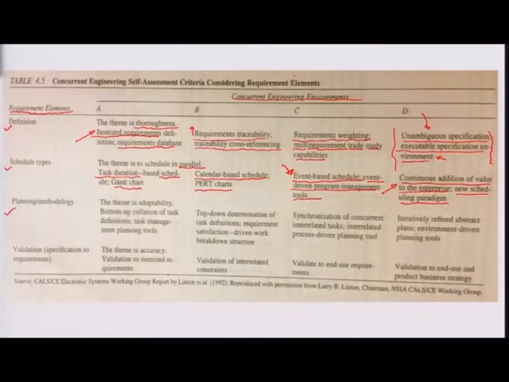Similarly, you have planning methodology based requirements, where the theme is adaptability. The first level could typically be a bottom up strategy of collating all task definitions, and then using task management planning tools to see how they are labeled with respect to each other, split up to the very fundamental level of individual tasks.